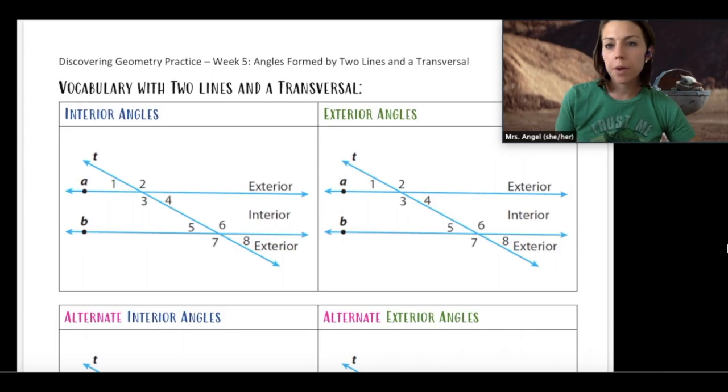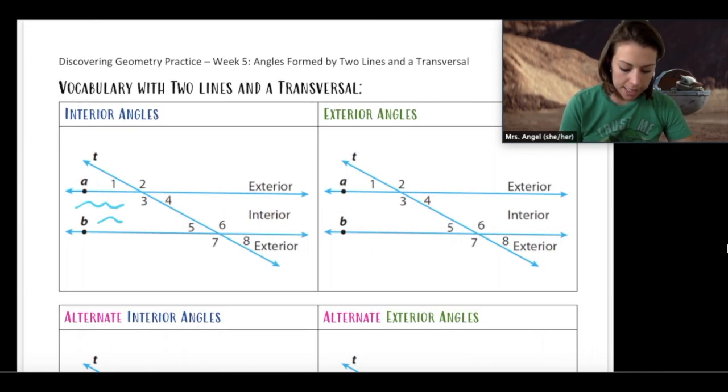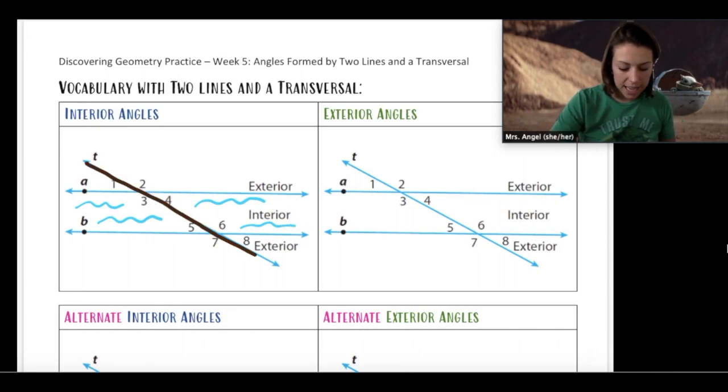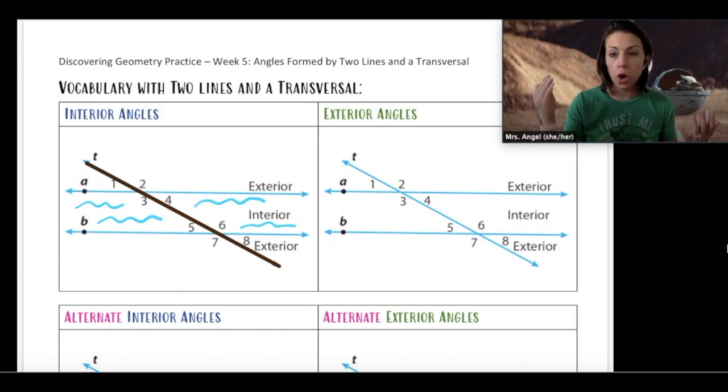So let's start off with the important vocabulary that goes along with two lines cut by a transversal and what angles they form. As we recall, when you have two lines cut by a transversal, you could think of the space in between as a river, right? And I like to think about the transversal as a bridge that goes over the river.